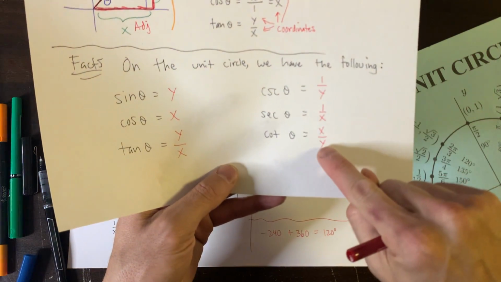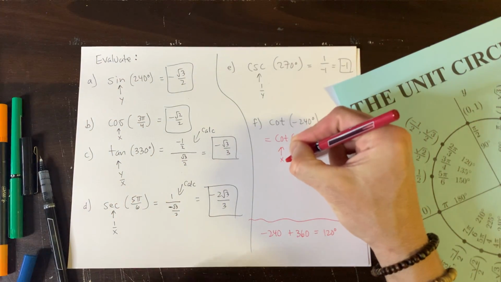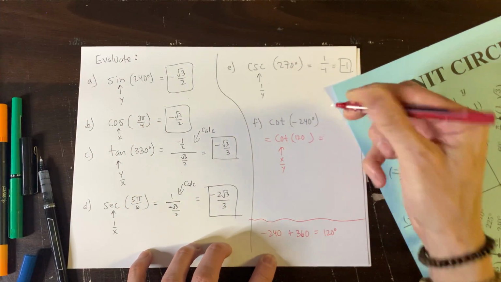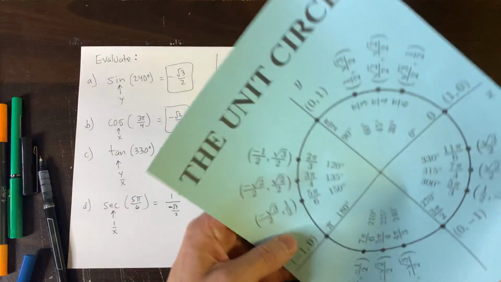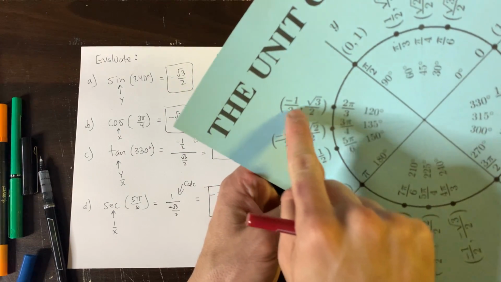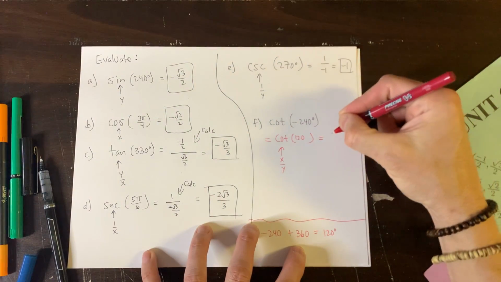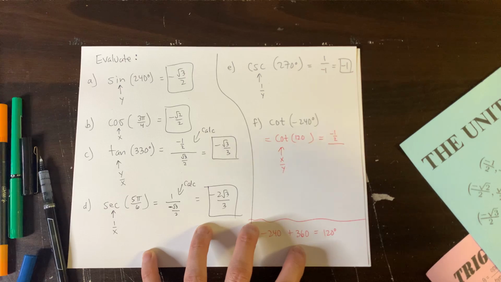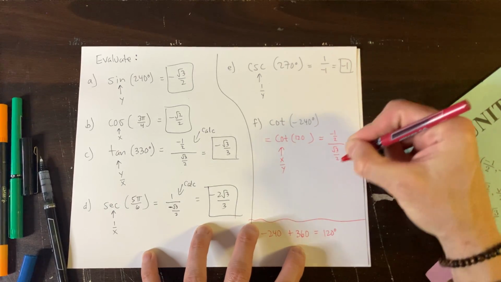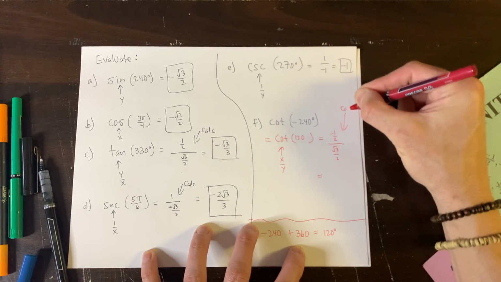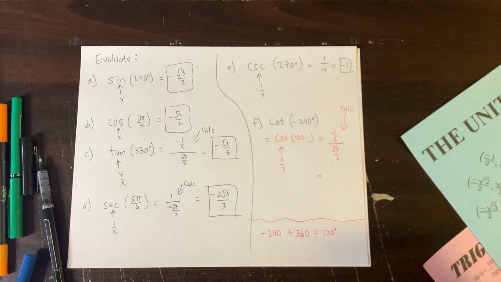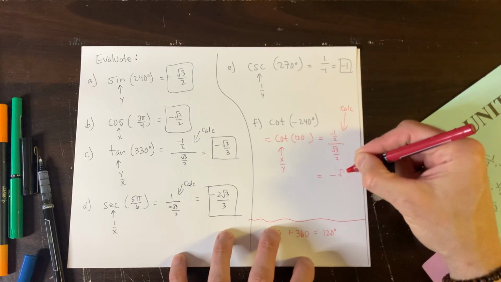Cotangent was x over y. Cotangent is x over y. And so at 120 degrees, x over y, you go that over that. And that would be negative 1/2 over, as it said, square root 3 over 2. And again, please go calculator at that point there. And it will say negative square root 3 over 3.